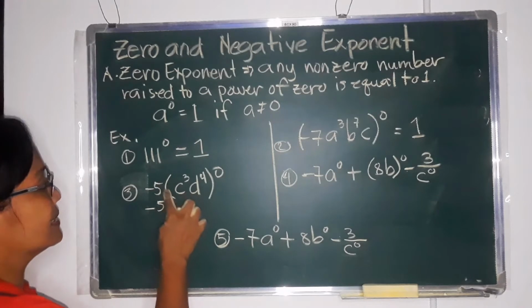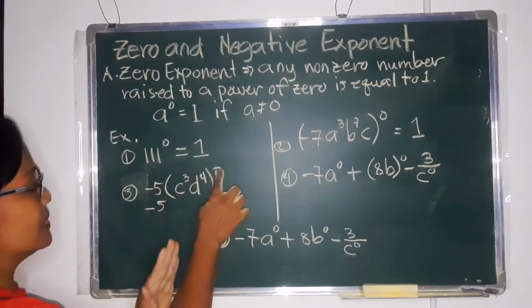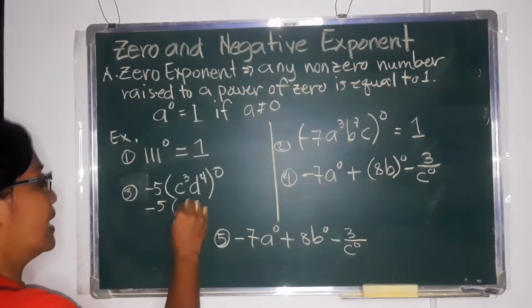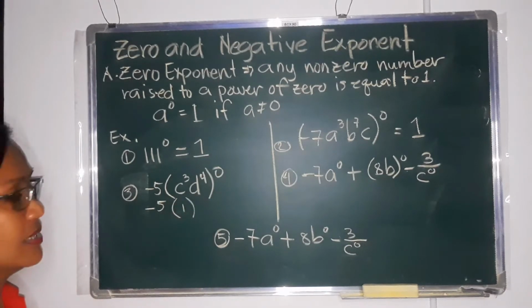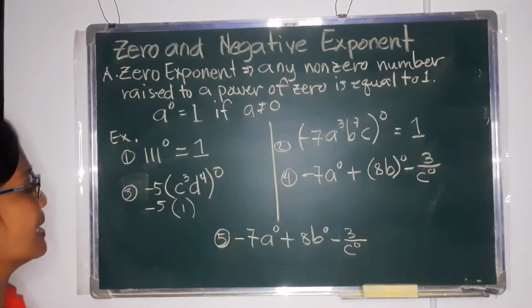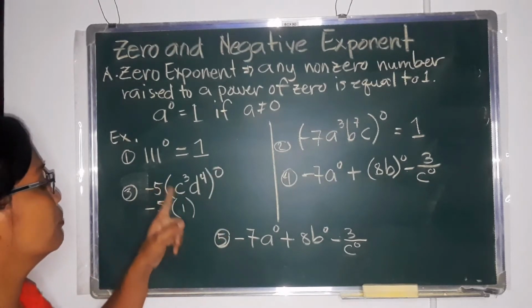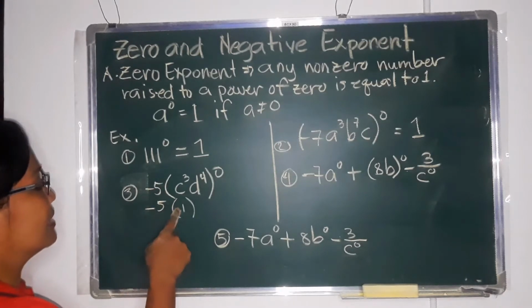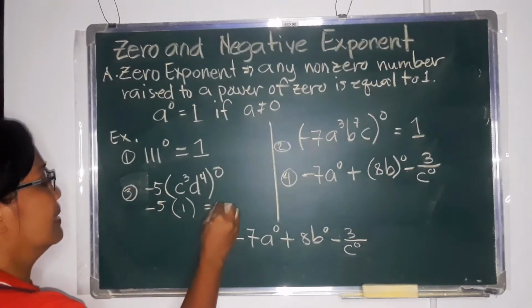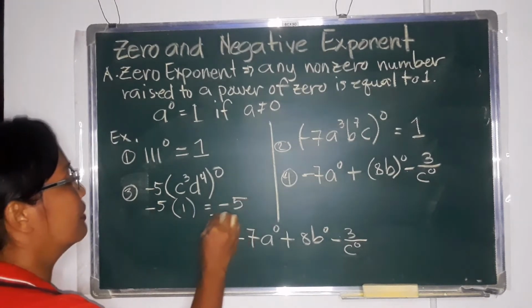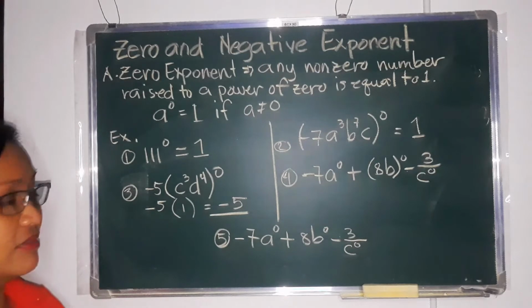Since the close and open parenthesis with 0 is automatically 1, we have negative 5 times 1. If there is a number here and we have close and open parenthesis here, that means you're going to multiply. Negative times positive is equal to negative. 5 times 1 is equal to 5. Therefore, our final answer is negative 5.